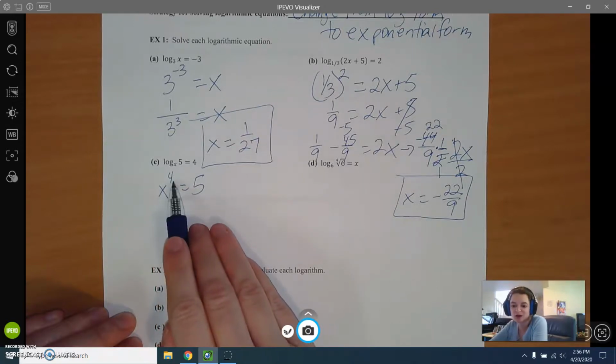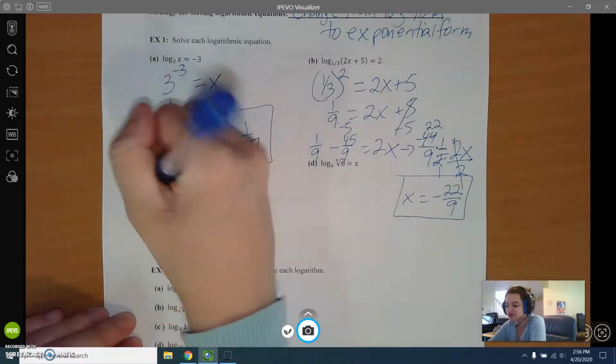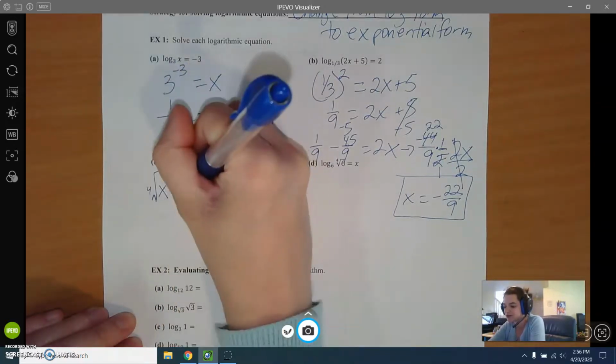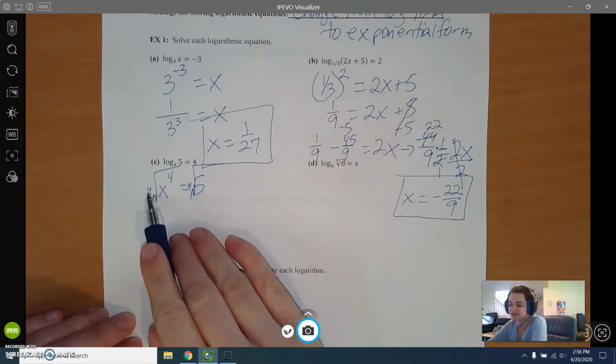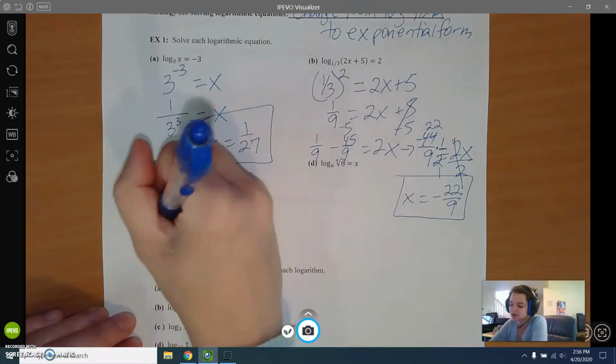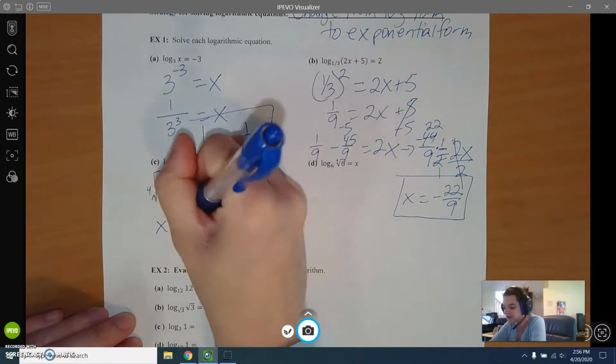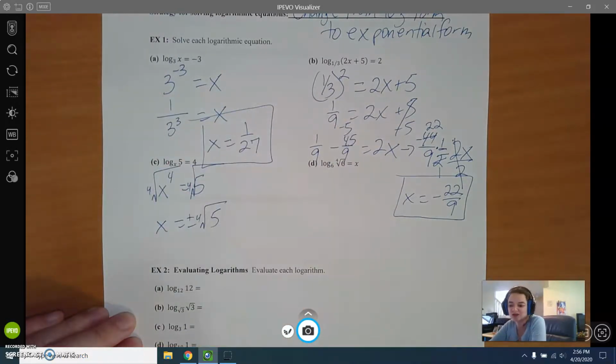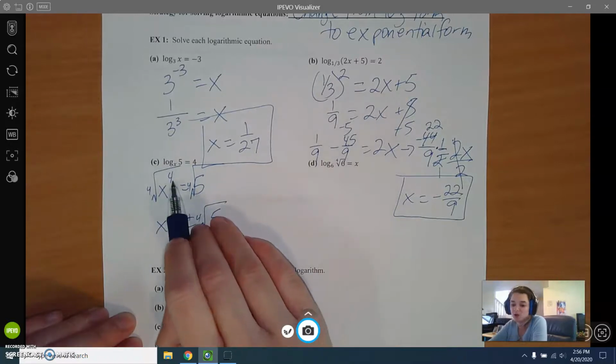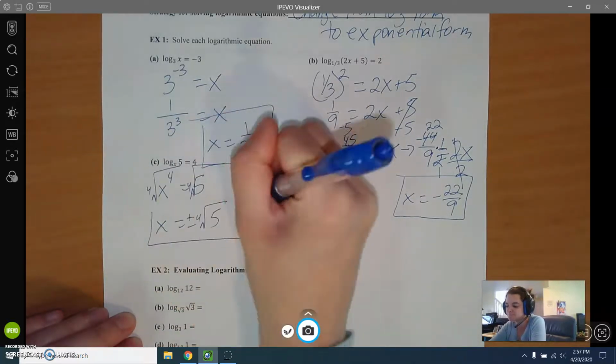It's raised to the 4th power, and we know how to do that. Just take the 4th root of both sides, right? So take the 4th root of both sides, undo the 4th power. So I'll have x equals the 4th root of 5. It is technically plus, positive, or negative because of it being an even power. Okay? And that's it.